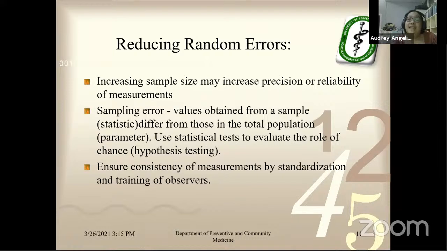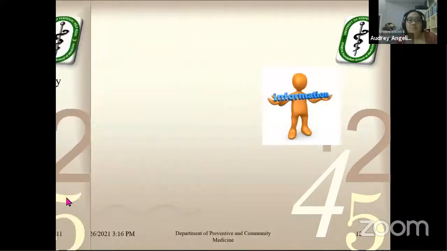So we have to standardize and train observers so that we have consistency of measurements. So we first met that, for example, in chemistry, you have to measure your volume at eye level of the liquid in the graduated cylinder so that you will see the actual line and not just look at it at any angle convenient to you.